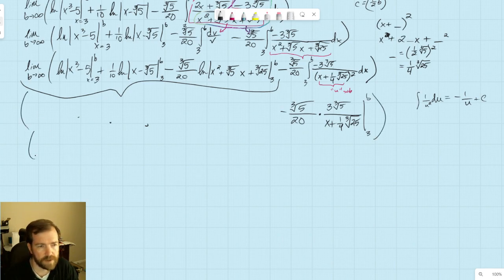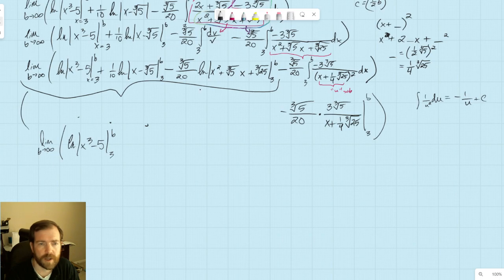Okay, so this means that here we're going to have all the same stuff. Limit b goes to infinity of, we don't need that set of parentheses, natural log, absolute value, x cubed minus 5, going from 3 to b.